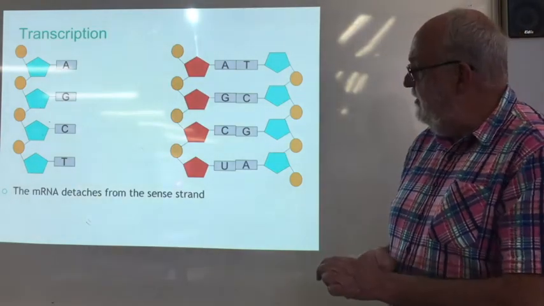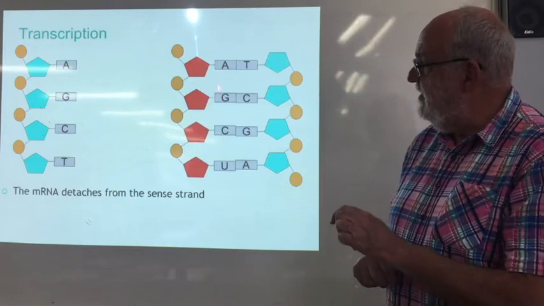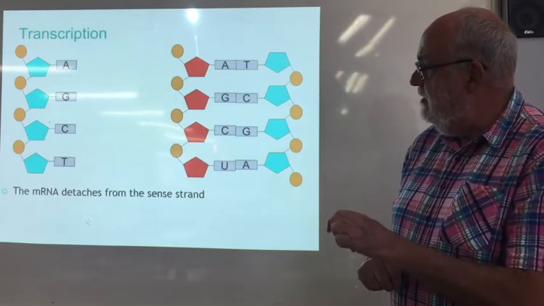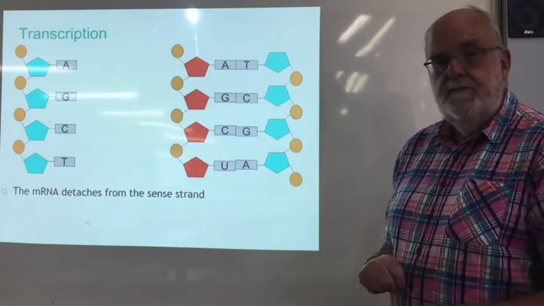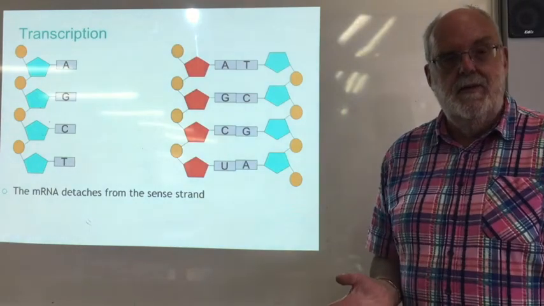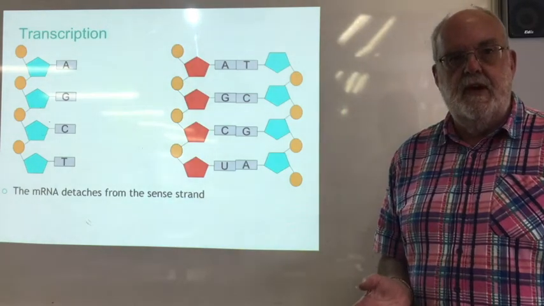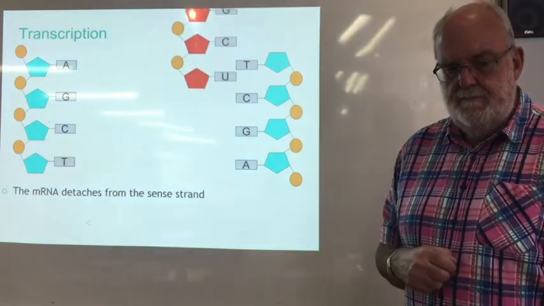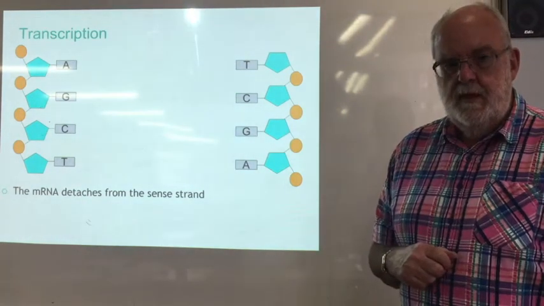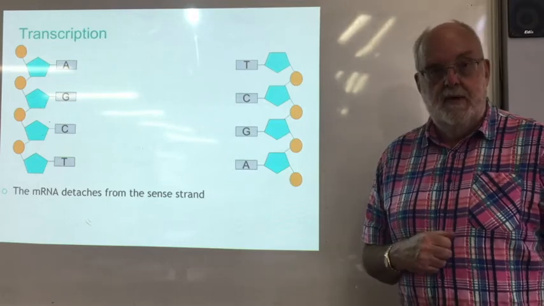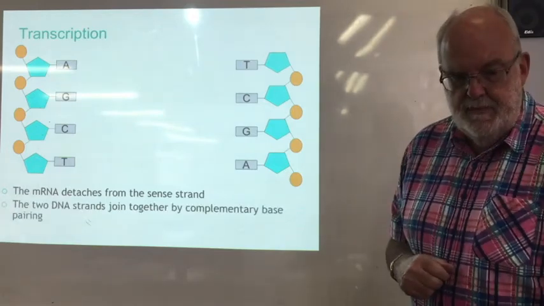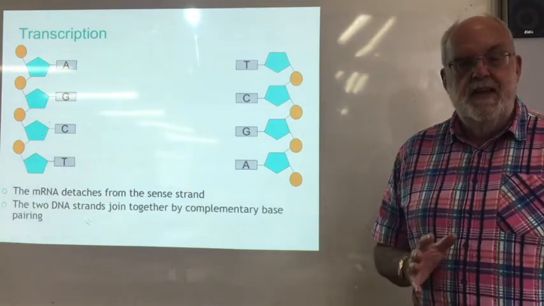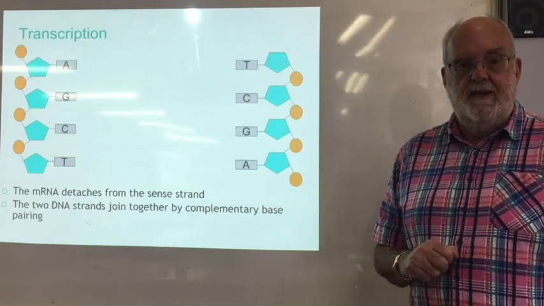This is now referred to as messenger RNA because it's carrying this message from the nucleus to another part of the cell where protein synthesis is going to take place. Off it goes. Having produced the molecule of messenger RNA, the two DNA strands join back together again.